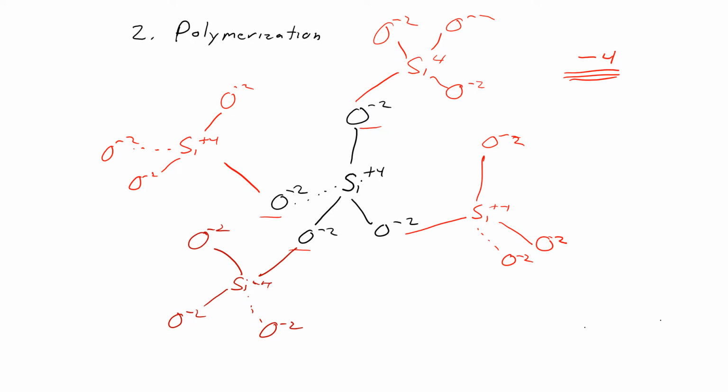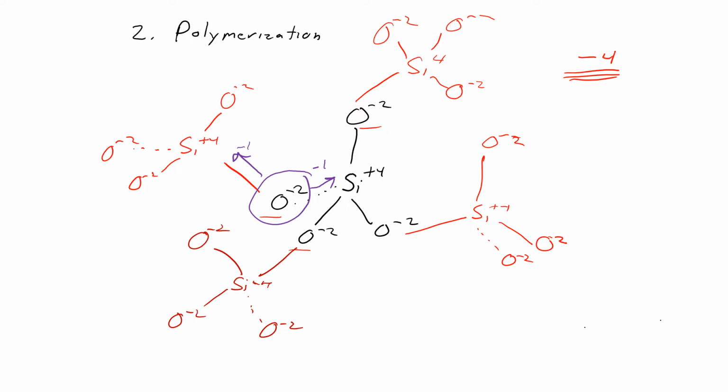Let's say we take this oxygen right here that I'm going to use purple, okay? So that is being shared with this silicon on the right and this silicon on the left. Not only is the atom being shared, but the charge must be shared. So effectively, the silicon on the right gets a -1 charge, and the silicon on the left gets a -1 charge.